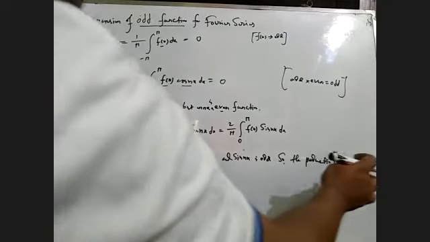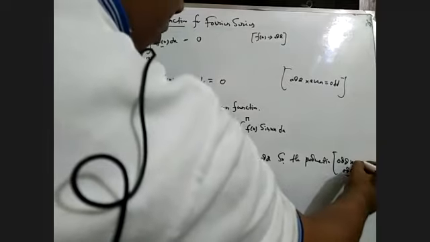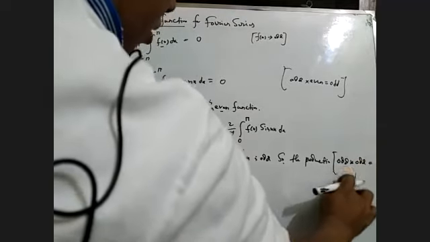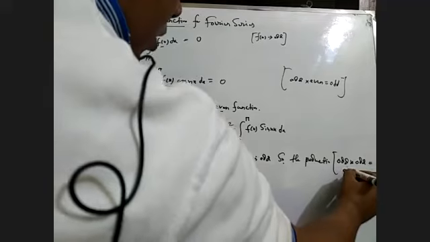So the product will be odd multiply odd, which will be even.